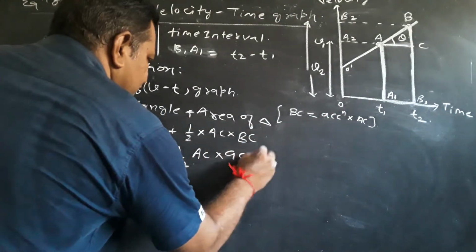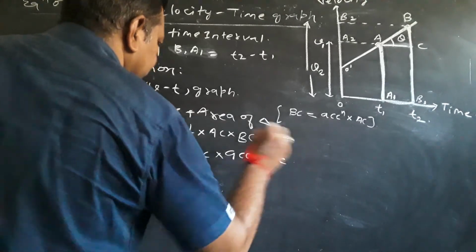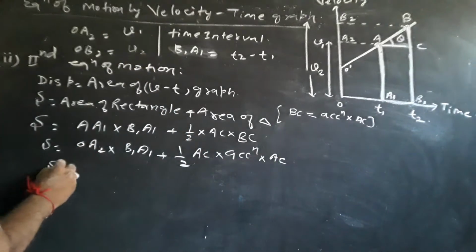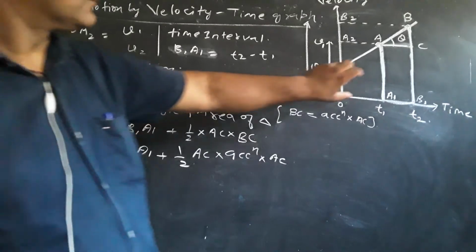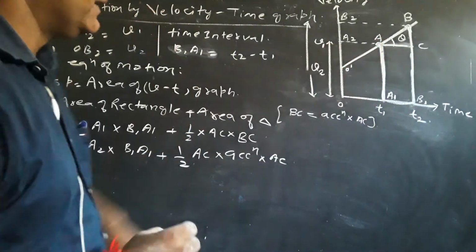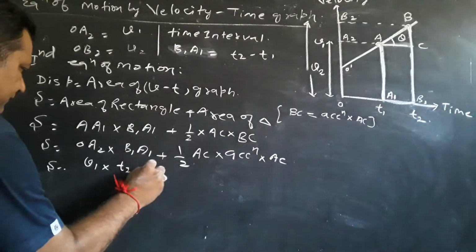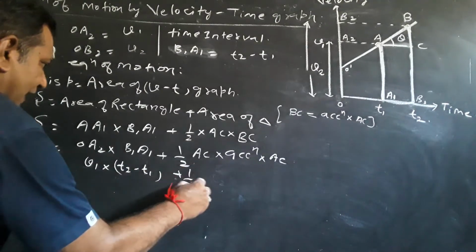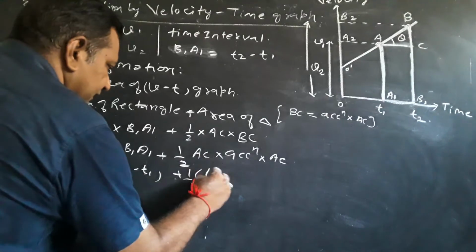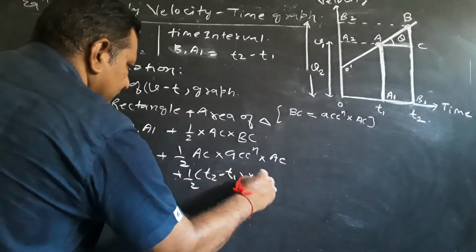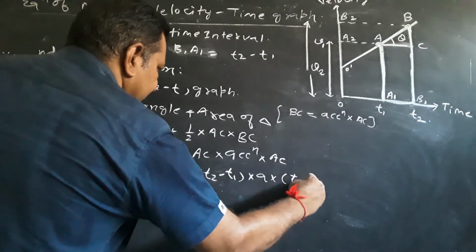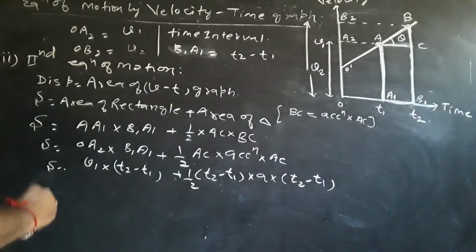This OA2 is equal to V1 into T2 minus T1, plus half into AC, this is T2 minus T1, acceleration A, into T2 minus T1.